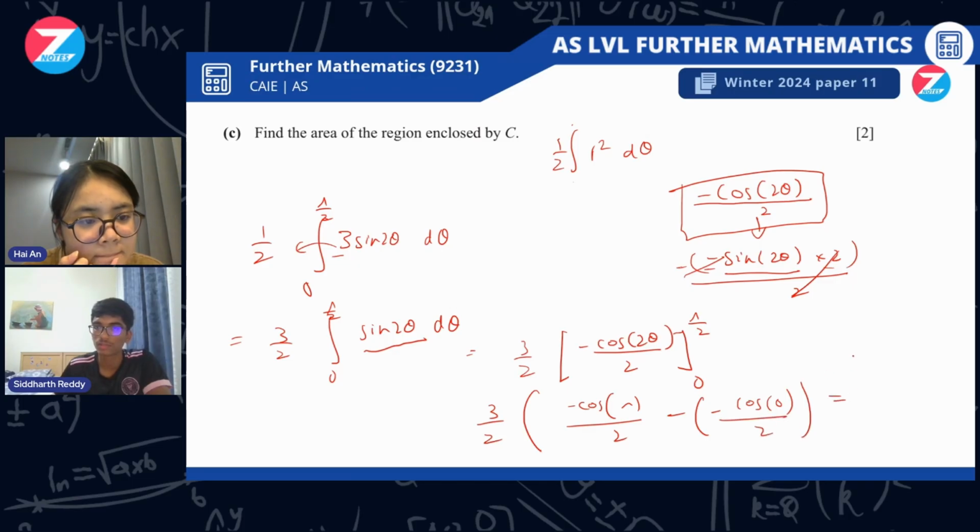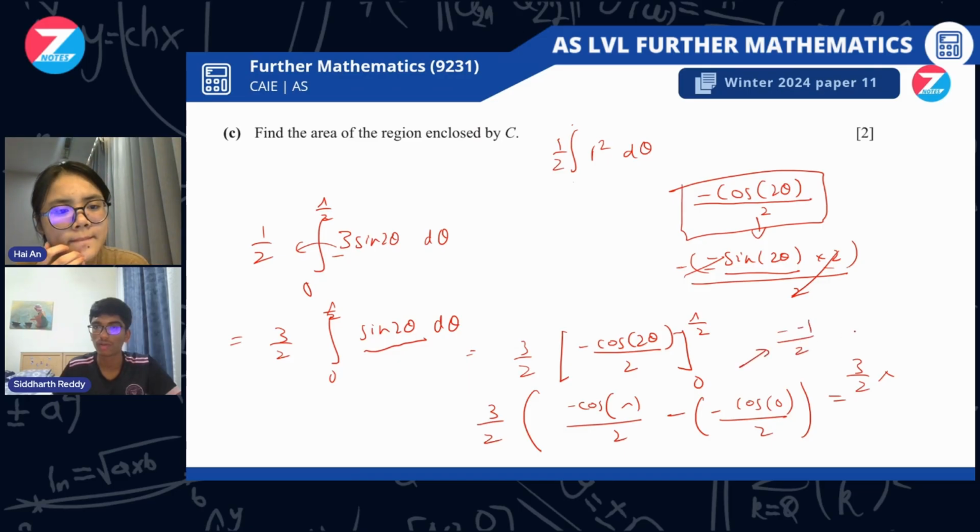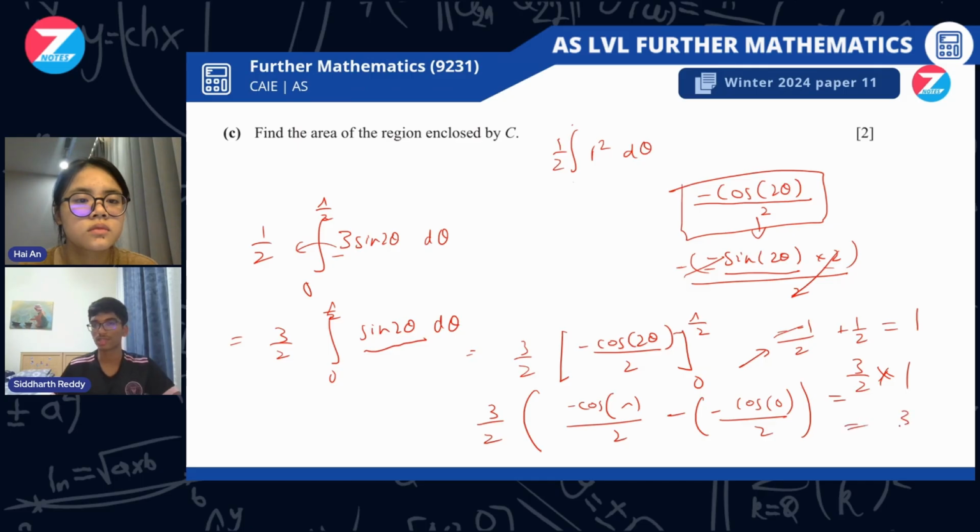Cos of pi is just minus 1. So this whole part just becomes minus of minus 1 by 2, plus 1 by 2. So it's 1 by 2 plus 1 by 2, which is just 1. So the final answer is just 3 by 2.